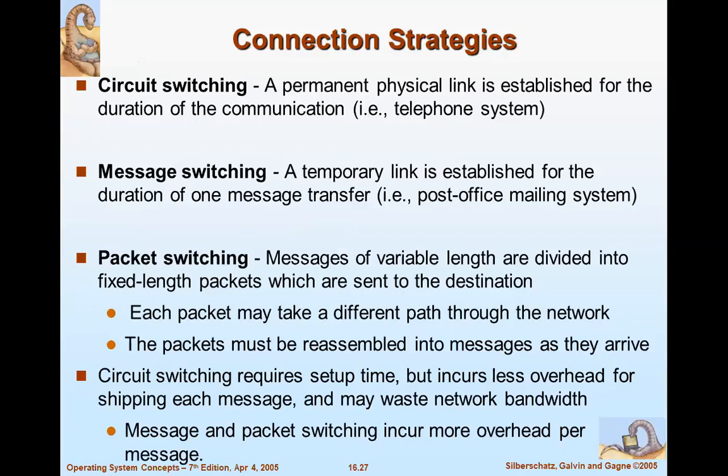So the first one here is circuit switching, in which a permanent physical link is established for the duration of communication. You have also seen in the fixed routing strategy that we have a fixed link between source and destination. And the example they are giving here is the telephone system.